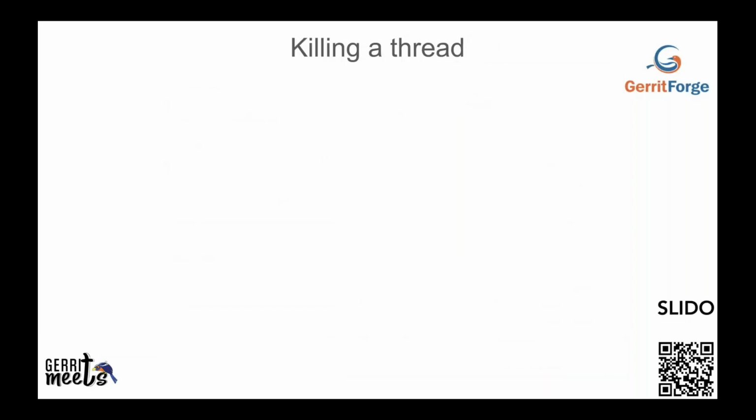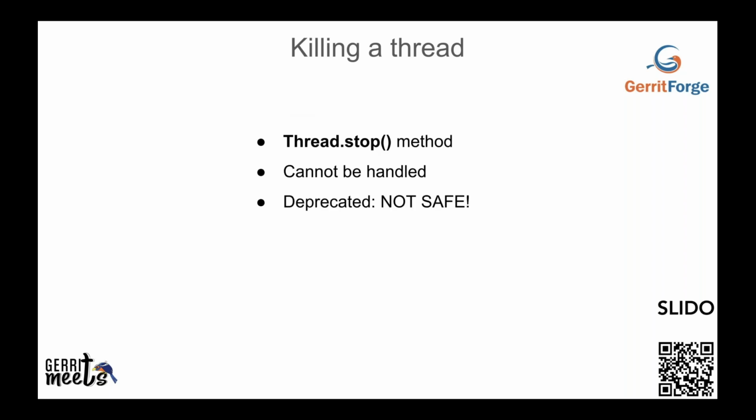When you hit the kill button, basically what Java Melody does is call thread stop on that specific thread that you chose. And thread stop cannot be handled; it is an abrupt termination of the thread. You're not going to give the thread the possibility to do any cleanup after itself.